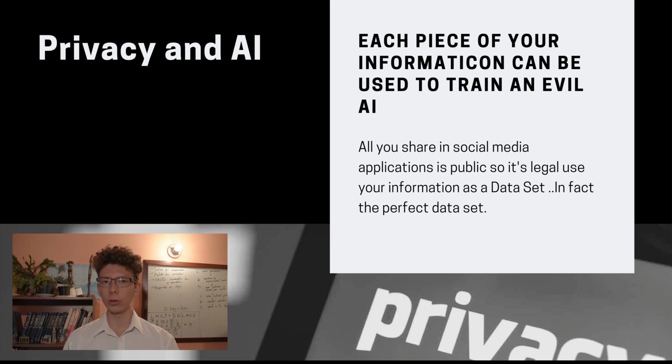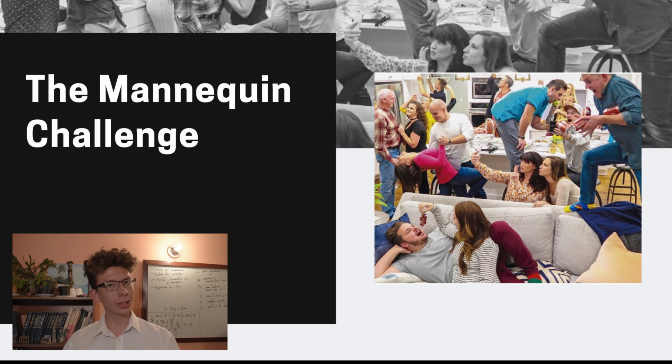A regular case of this use of your data is the mannequin challenge. The mannequin challenge was used to train a neural network able to recognize the depth in an image.